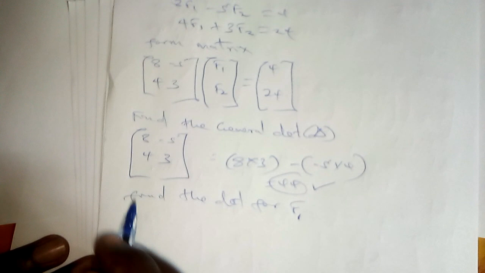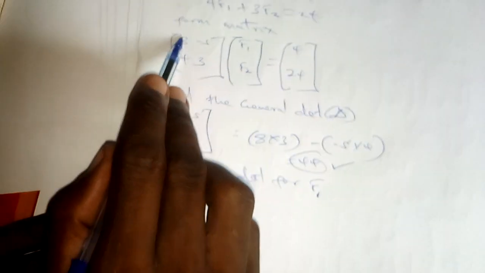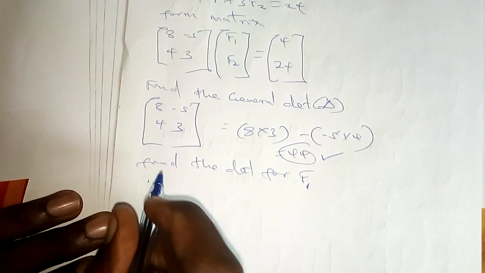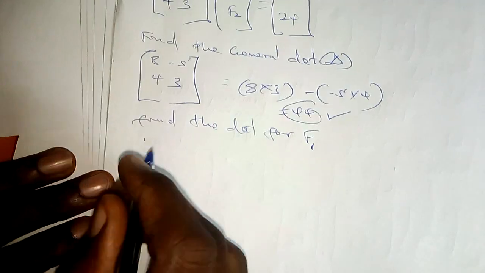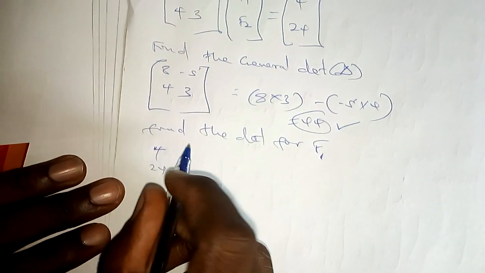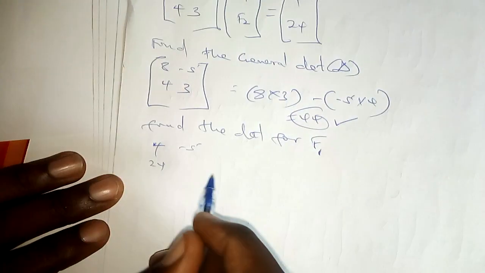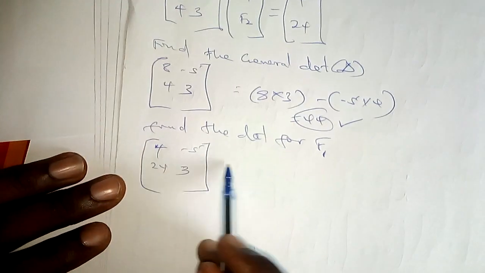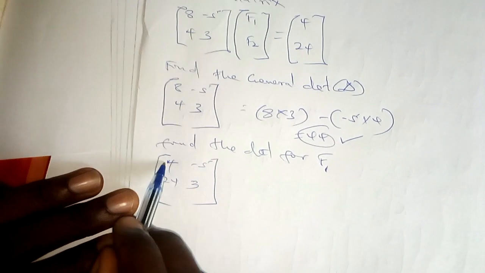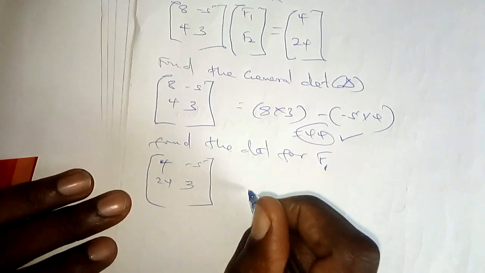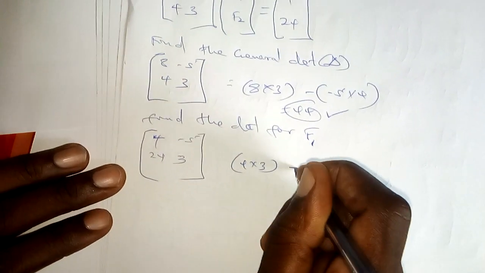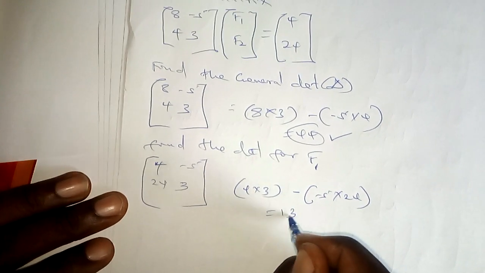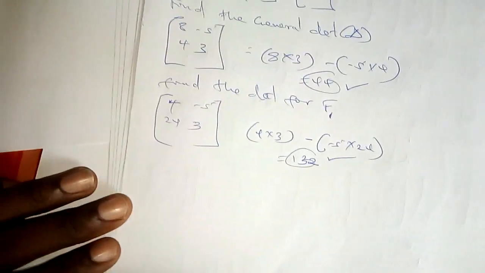So instead of 8, 4, it will be 4, 24, negative 5, 3. The determinant is 4 by 3 minus negative 5 by 24, and this is 132 as your determinant for f1.